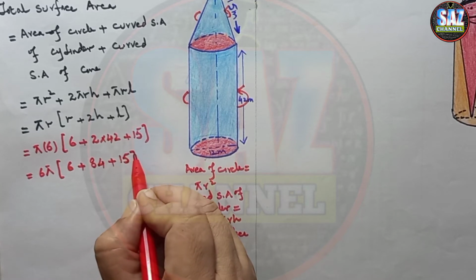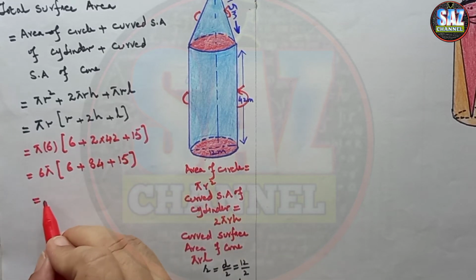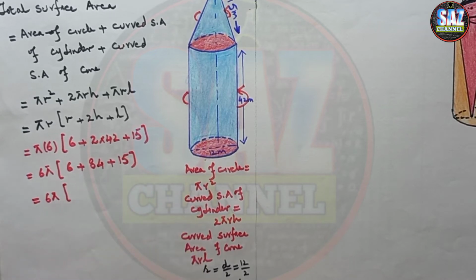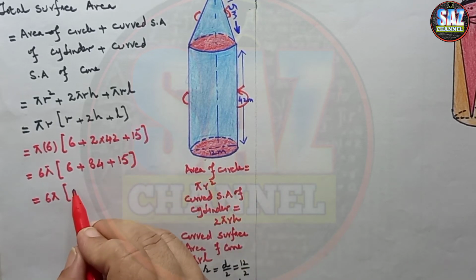I'm going really slow so that my students can understand this question easily. Now 84 plus 6 is 90, plus 15, and this gives me 105.